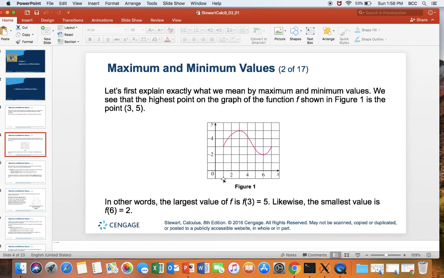For example, in the previous case, the domain starts from 1 until 7. So the domain of this function is 1 until 7. The absolute maximum value is 5, achieved at 3. The absolute minimum value is 2, achieved at 6.